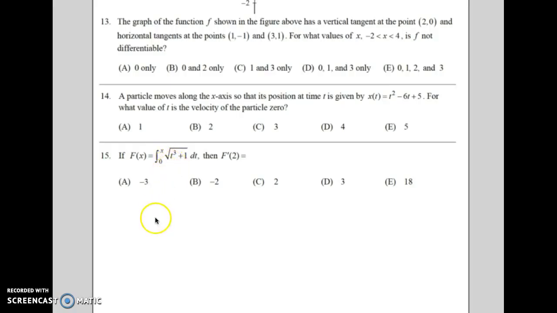So our function now is the square root of x cubed plus 1. Now we just have to plug in 2 there. So 2 cubed is 8 plus 1 is 9, and the square root would be 3. So the answer should be 3.